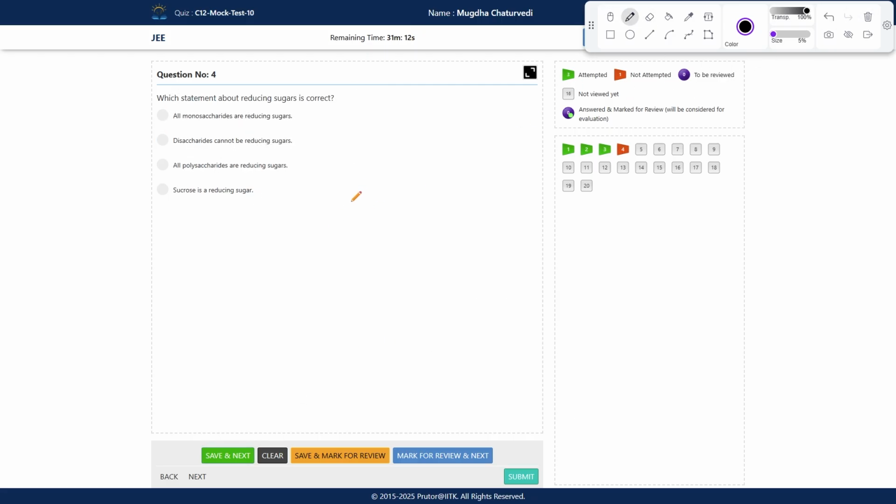Now, the next question is asking which statement about reducing sugar is correct. If we talk about reducing sugars, and I talk about monosaccharides, both aldose and ketose, then all monosaccharides are reducing sugars.